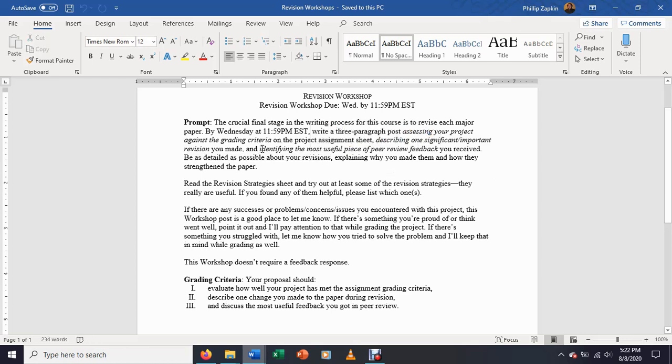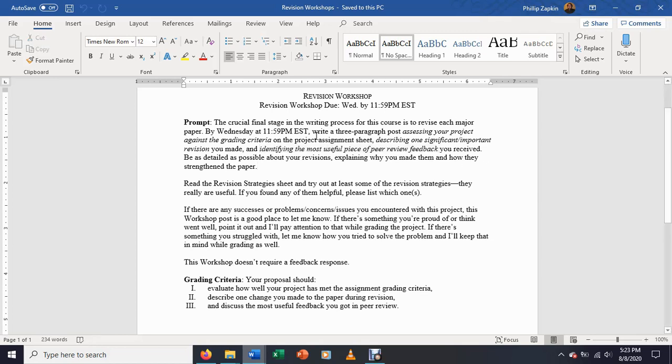Then your third paragraph is going to identify the most useful piece of peer review feedback that you got. This is a way of prompting you to think critically about the feedback you're getting from your peers, because you don't necessarily want to just blindly take every suggestion they've made. You want to use that feedback critically.